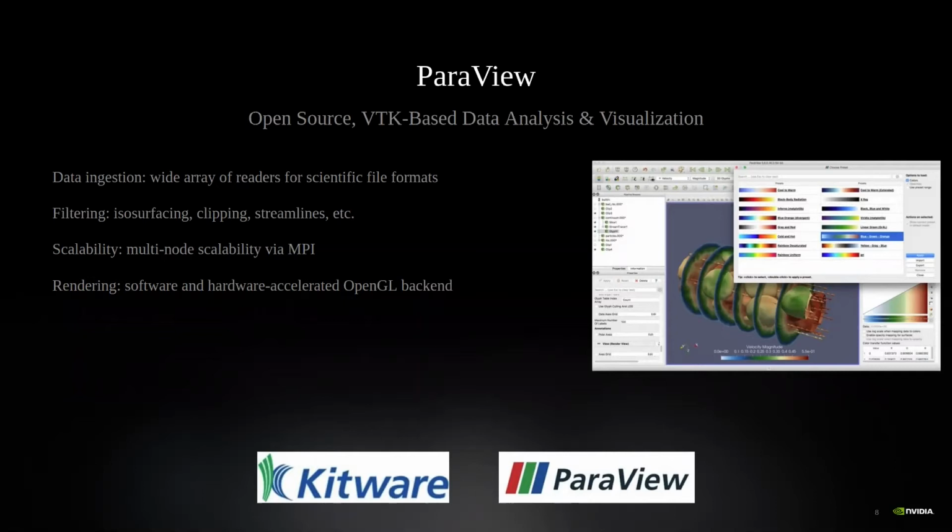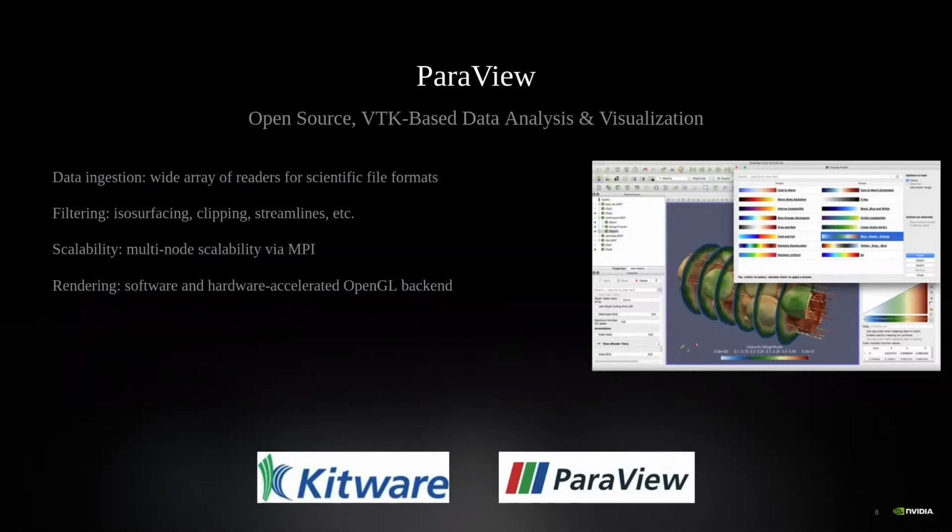So say doing distributed processing and rendering is something you're unlikely to find in tools like Maya and Houdini, or at least a little less commonly. It also has a huge number of readers for scientific file formats that are often very domain specific, as well as some of the tools that we're used to using like isosurfaces and streamlines to go from some form of raw data to a visual representation.